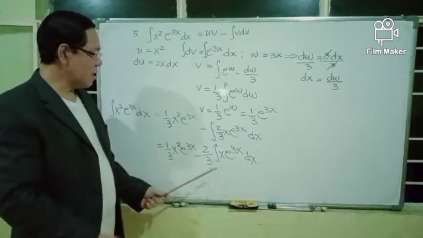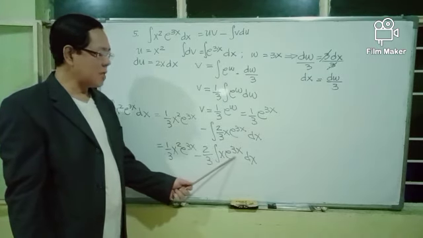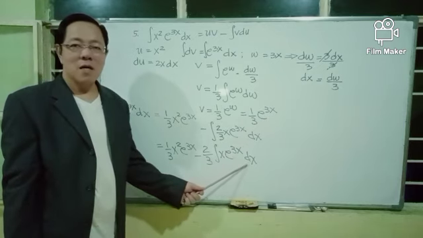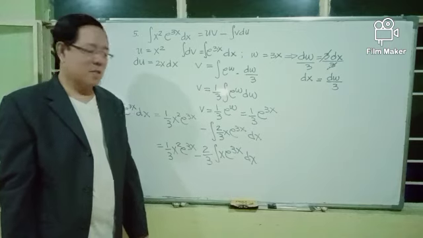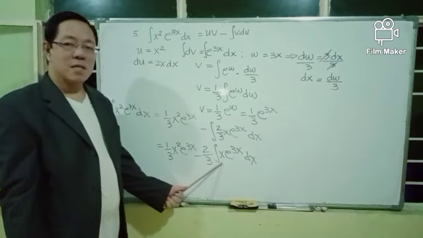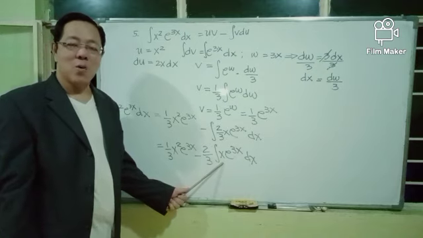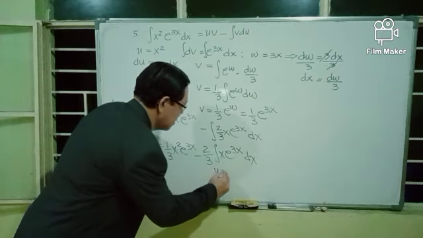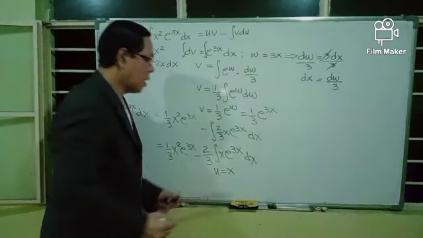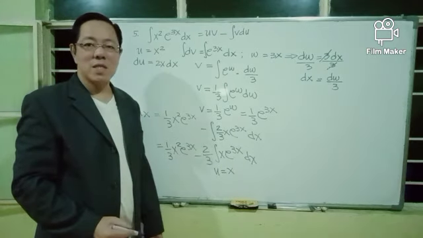And it is in this integral of x e raised to 3x dx that we will again apply integration by parts, where we will take x as our u. And the remaining expression e to the 3x dx is our dv.